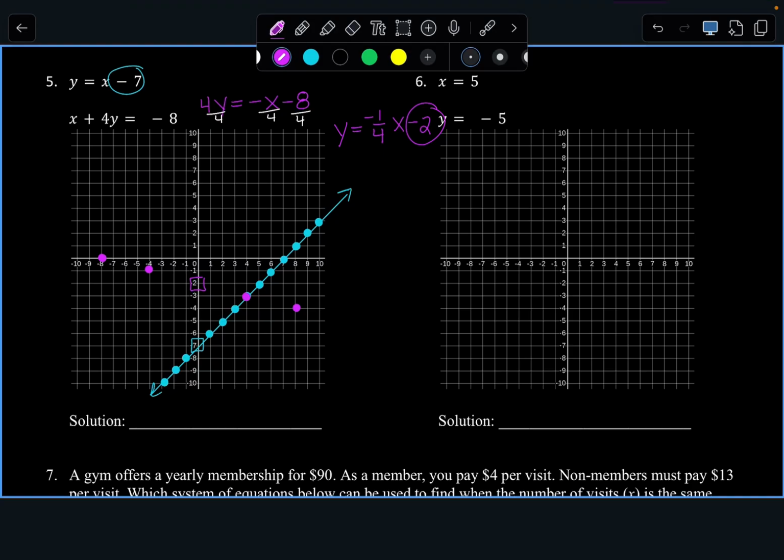When we do that, connecting them with a nice straight line, where do these two lines cross? 4 and negative 3. 4, negative 3 is the solution to this system.